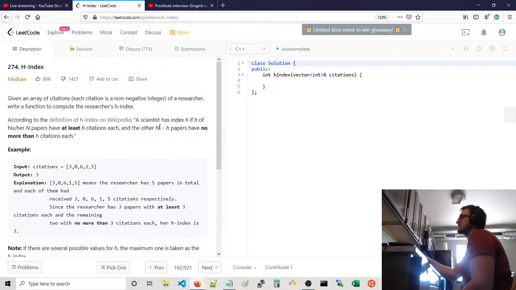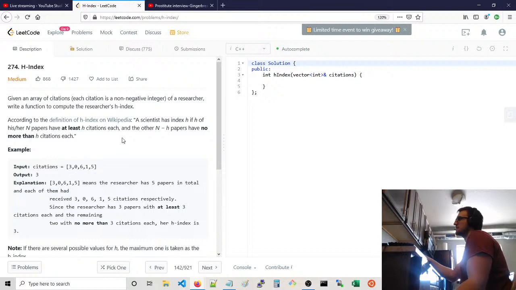Oh, that's interesting. I think it's possible. I don't think every array will have an H number. Like this definition isn't always true, it doesn't exist.